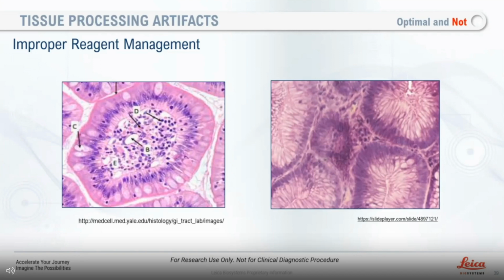The first part is pre-analytics. Pre-analytics is such an important arena to really consider when you are getting ready to process tissue, making sure that it's fixed, making sure you're not overfilling the cassettes. Simple things to think about, but so often overlooked.